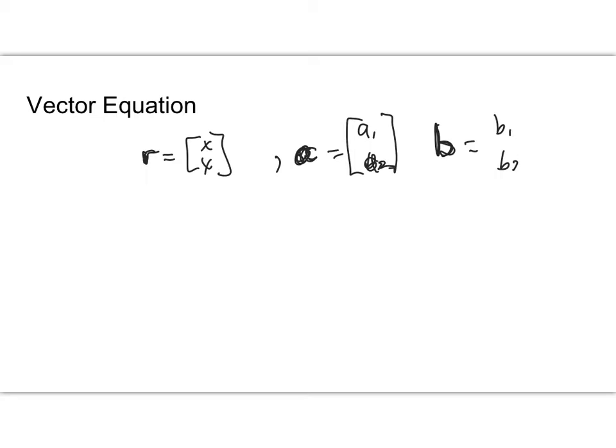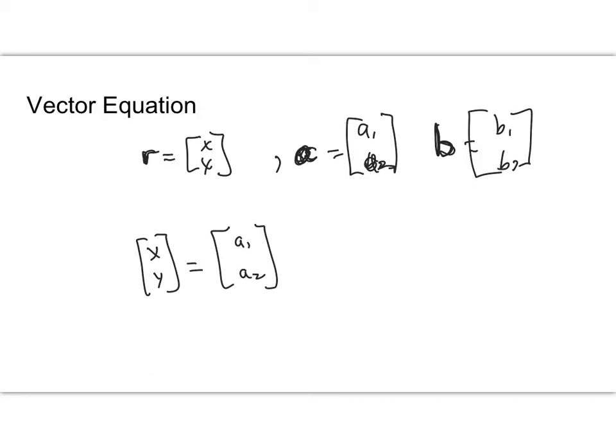It's getting late. Then my vector equation is x, y equals a1, a2 plus t times b1, b2. It's as simple as that.